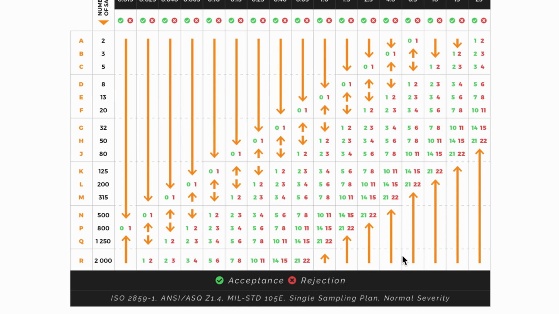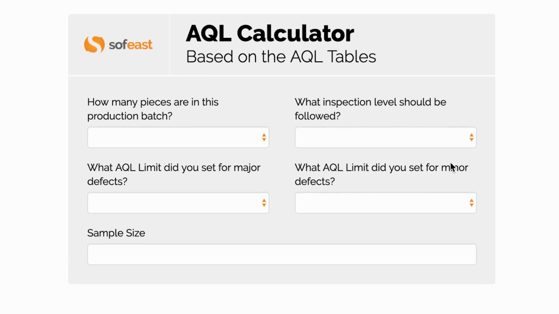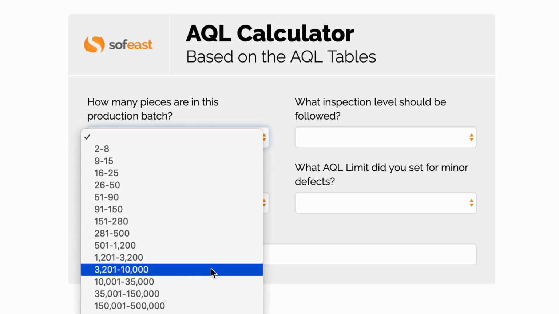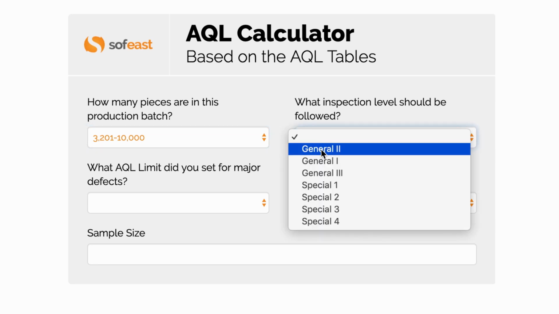All right. So at Sofeast we did a little calculator that takes all this and makes it really easy to use. So let's say your batch is 5,000 pieces, and you follow general level 2, which is, as the standard says, by default, the standard that should be picked, okay? Unless, of course, the quality authority, let's say the quality manager in your company, decides otherwise.